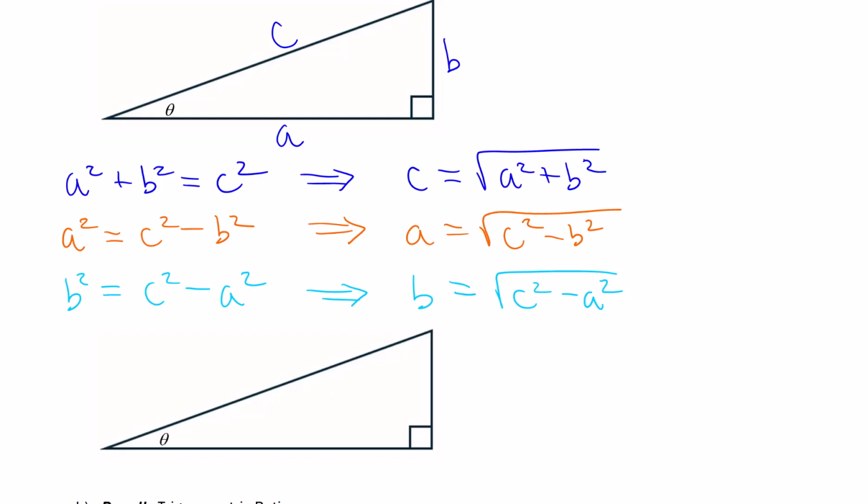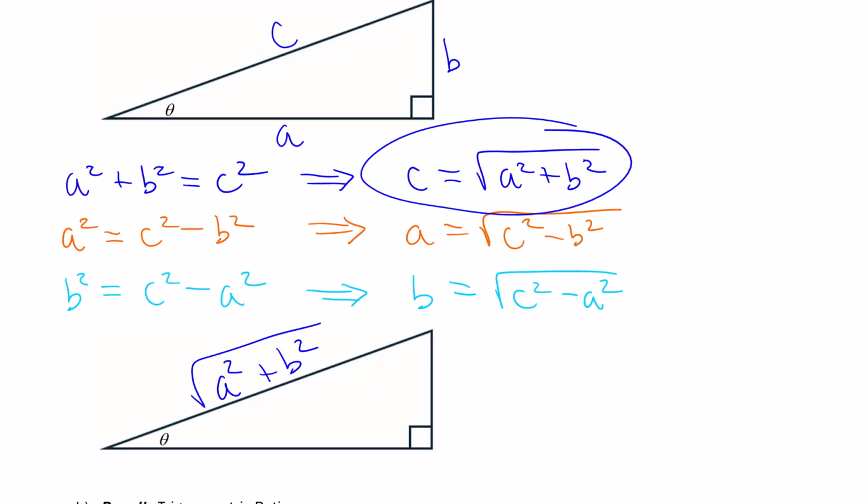If I go back, knowing I labeled the original hypotenuse as c, but then solved for c using the Pythagorean theorem to get that c equals the square root of a squared plus b squared, I'm going to label a new right triangle, but instead of c, where the hypotenuse was, I'm just going to replace that with the expression we got for it, which is the square root of a squared plus b squared. Again, we found that directly from the Pythagorean theorem equation, and now I'm just replacing the hypotenuse label of c with what that equals.